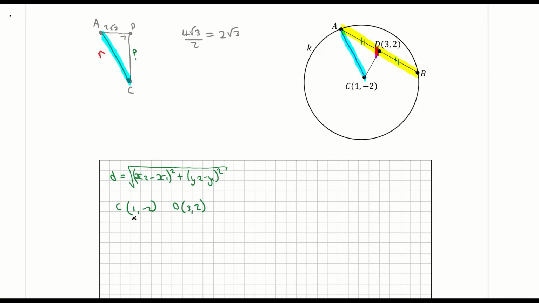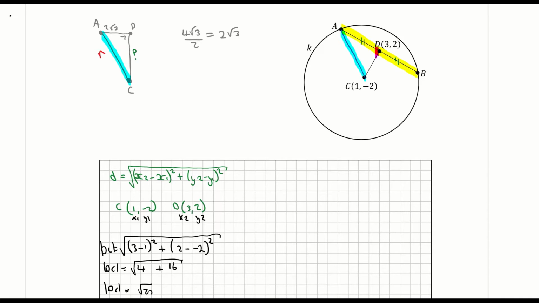Labeling those as my x1, y1, x2, y2, and filling them into my distance formula, I have 3 subtract 1 to be squared plus y2 minus y1 all to be squared in my square root. 3 take away 1 is 2, 2 squared is 4, 2 minus minus 2 becomes 2 plus 2 is 4, 4 squared is 16. So the distance from D to C is giving me a square root of 20, which is the same as 2 root 5.